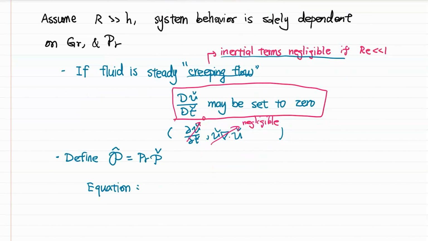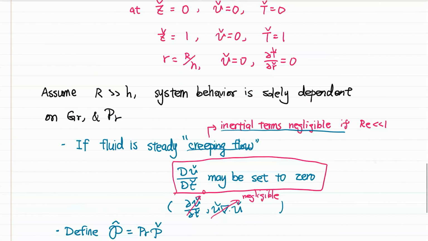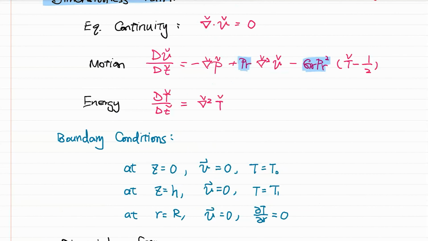So we have the left-hand side being set to 0, and the right-hand side being just the capital P minus the dimensionless Laplacian of the velocity, and minus the Grashof number, Prandtl number, times T minus 1/2.